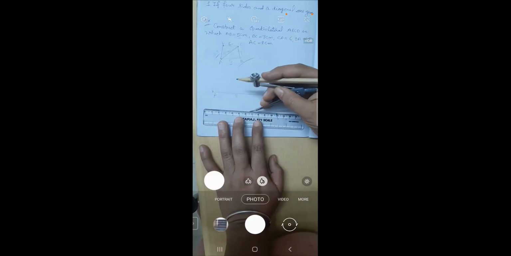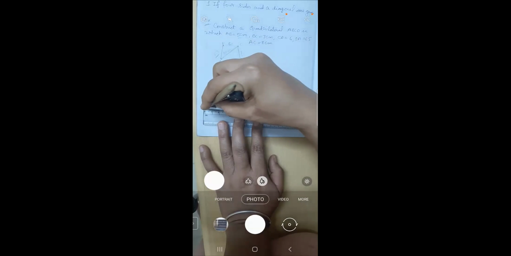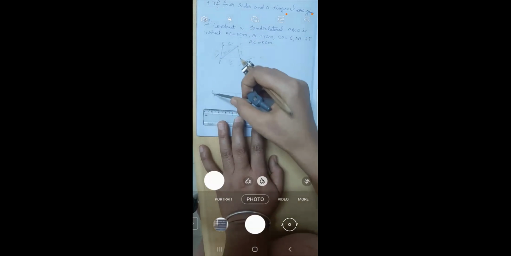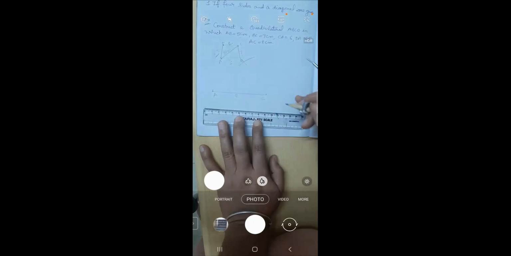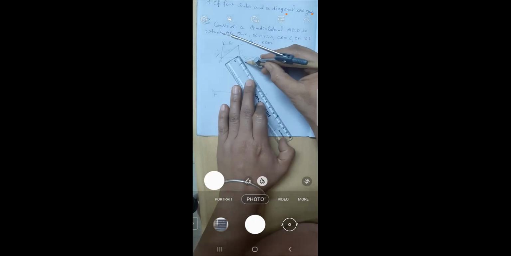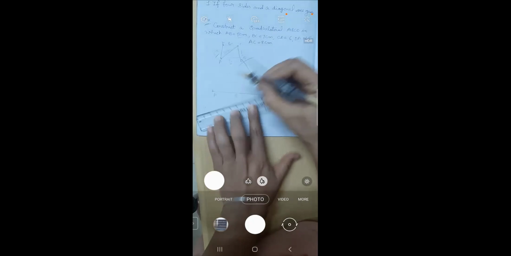So now open the compass for 6.5 and draw an arc from A. Now the intersection of these two arcs will be D, and now join this intersection point with C and A.